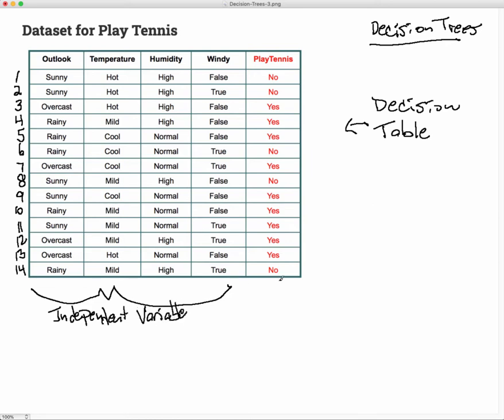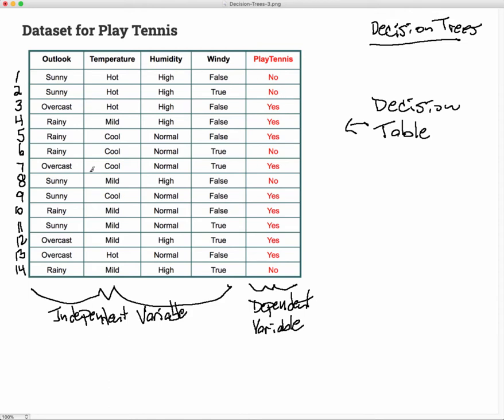And somehow or other, they determine this thing over here, which is called the dependent variable. So what we are doing in this particular problem is we're trying to decide if we play tennis. Now notice this is a yes-no variable, a Boolean variable. It could be true, false, just the same.